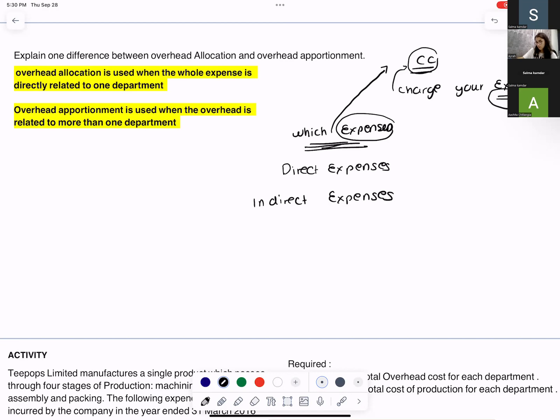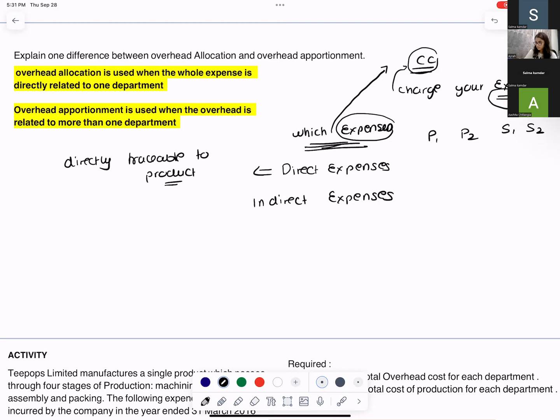Are you with me? So if I have two production cost centers and two service cost centers, can I say direct expenses are those expenses that can be directly traceable to the product?